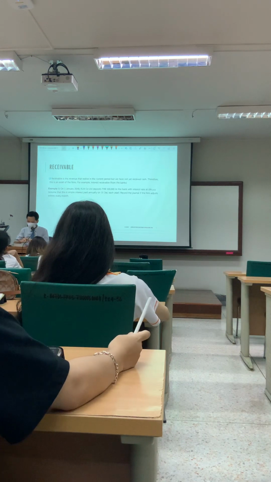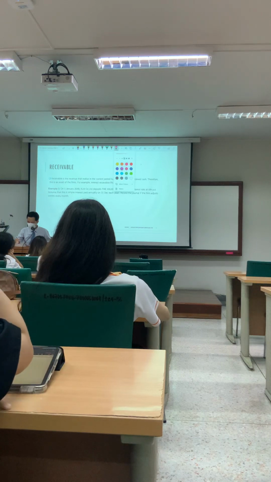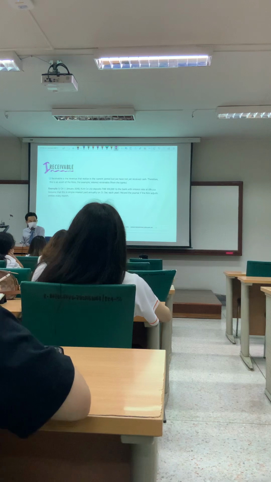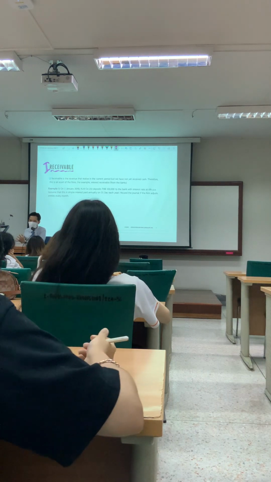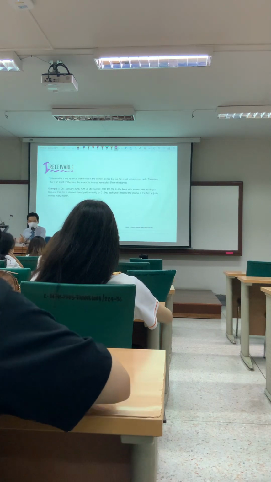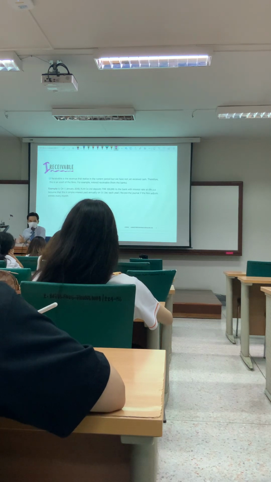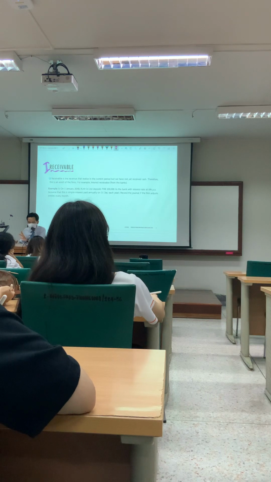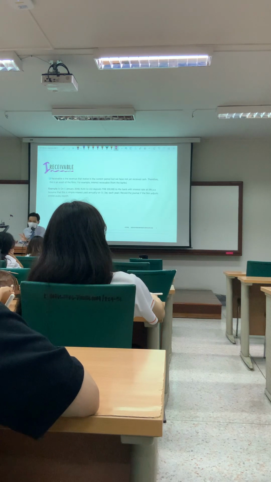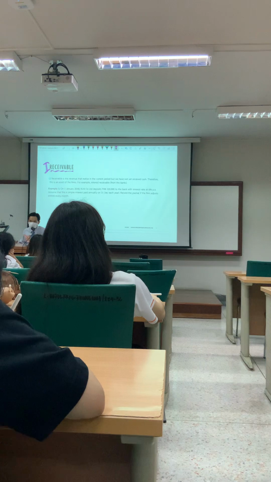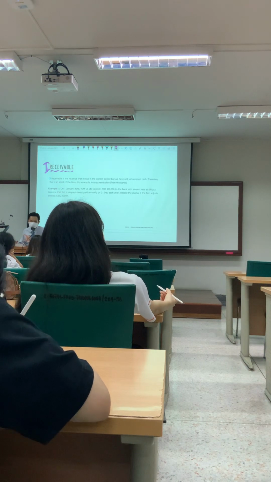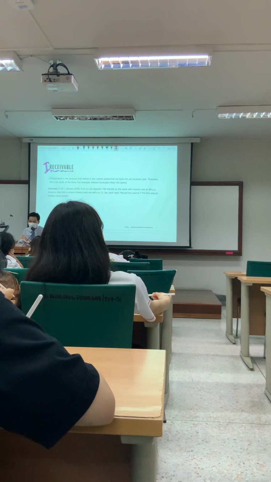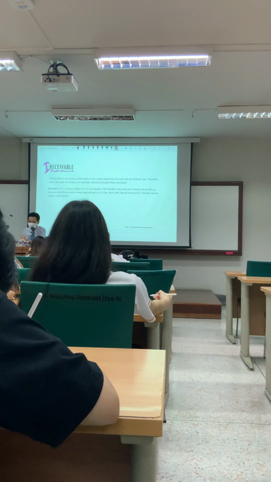This is your first one, receivable. What is receivable? Receivable means you already earned the revenue. You already realize that there is a revenue increase. You get the revenue, but you haven't collected your cash from the revenue yet. Okay?